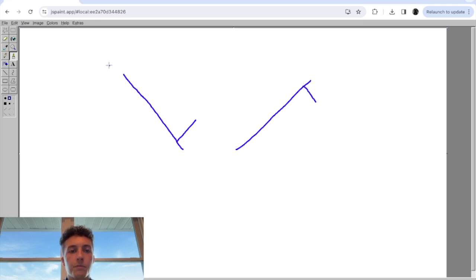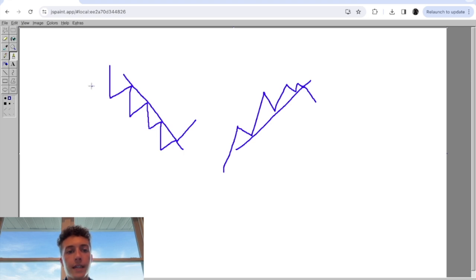If our stock is below the downtrend, we're generally going to be seeing a break on this to the upside. Same thing. If our stock is above the uptrend, we're generally going to see a break to the downside. This is going to lead us into our next pattern called a channel.